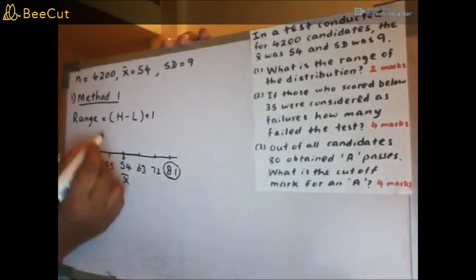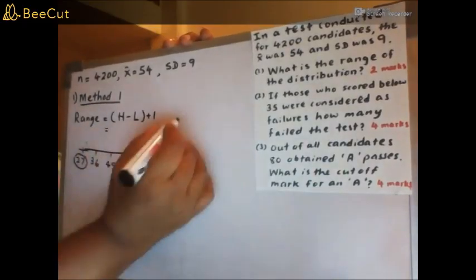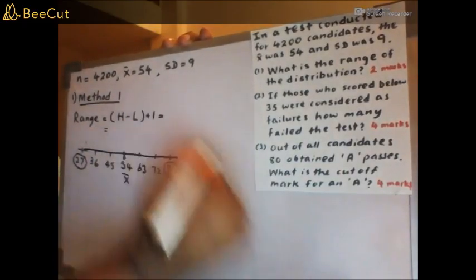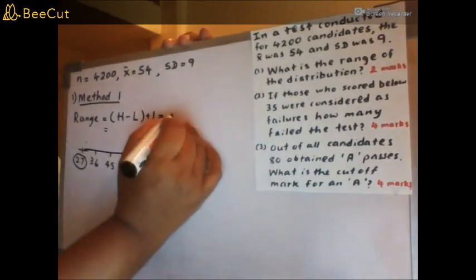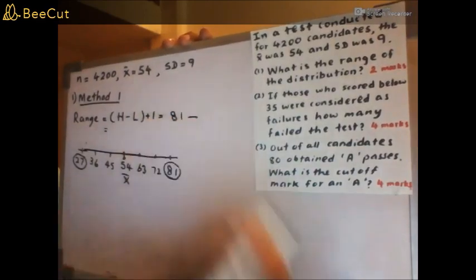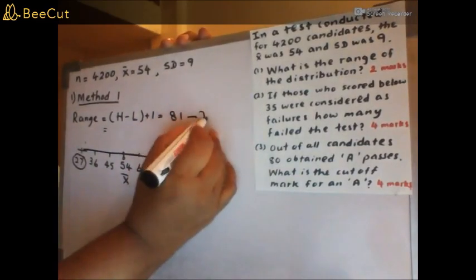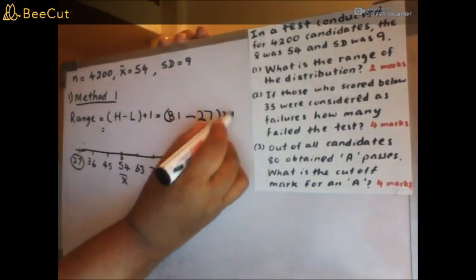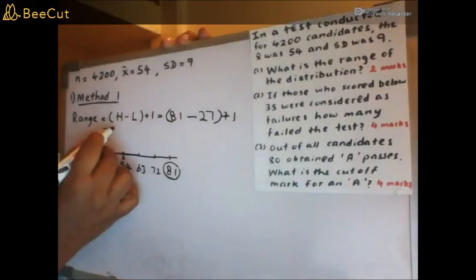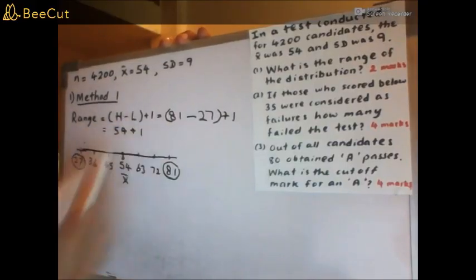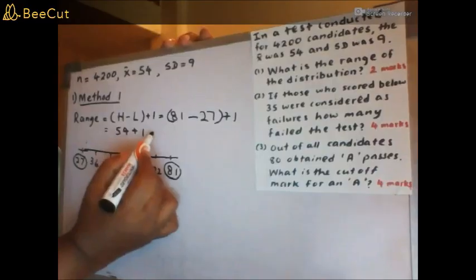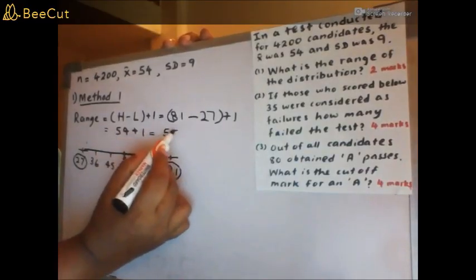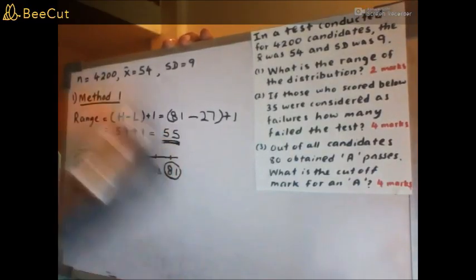So we find the range. Highest value, 81, minus lowest value, 27, plus 1. So 54 plus 1, then the answer is 55. That's the range.